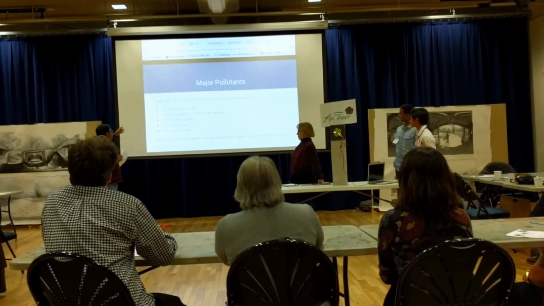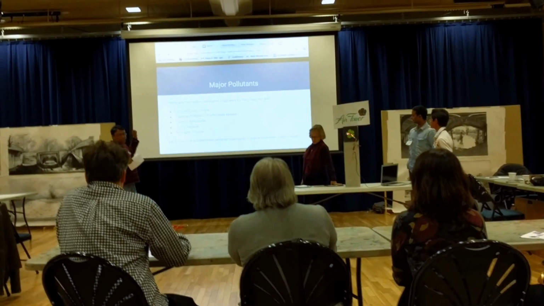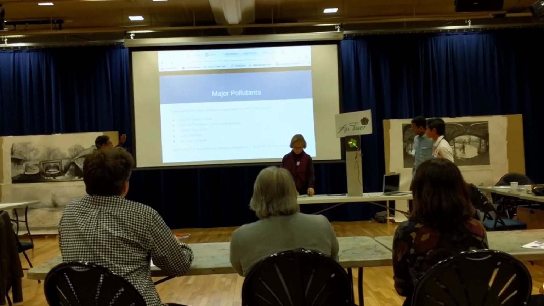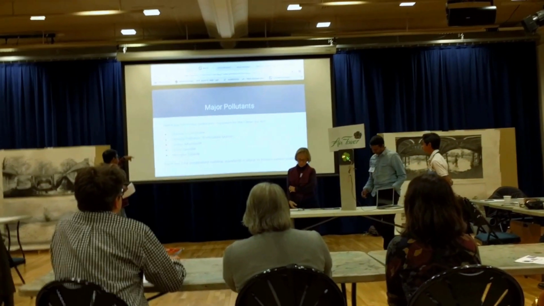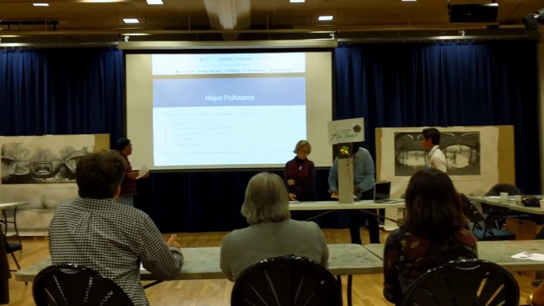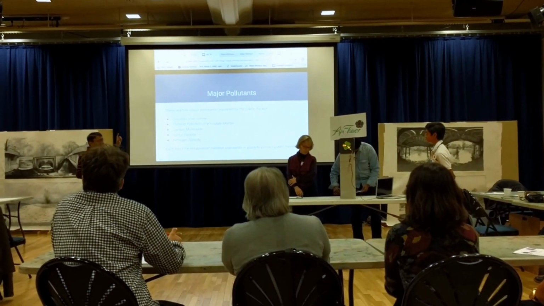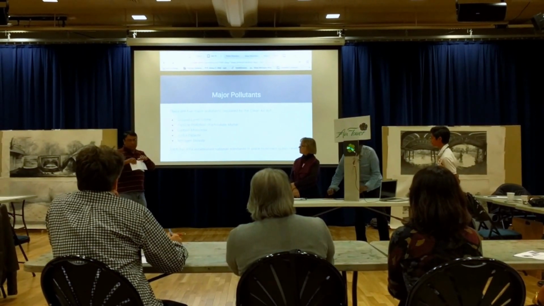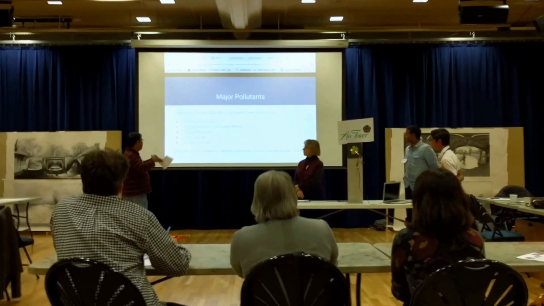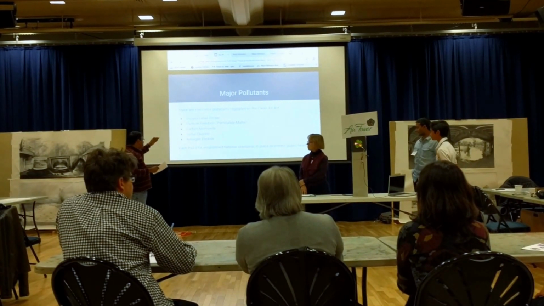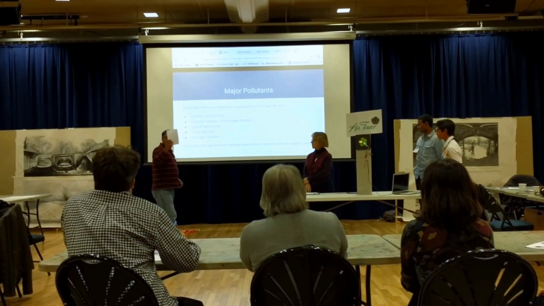There are 5 major pollutants which are regulated by the Clean Air Act. They are ground level ozone, particulate matter, carbon monoxide, sulfur dioxide, and nitrogen dioxide. There are ambient standards for all of these, and based on whether the levels are more than those values or not, you have different levels.